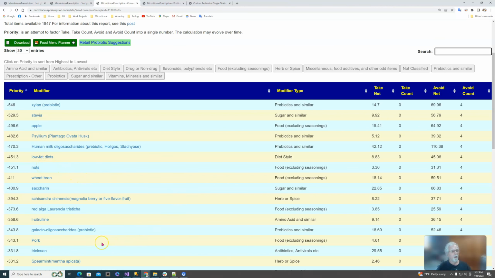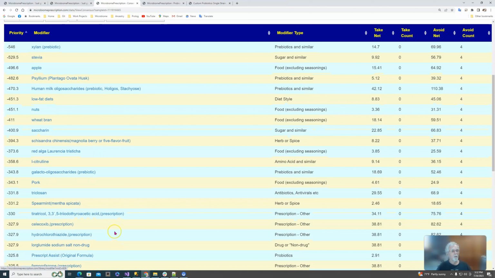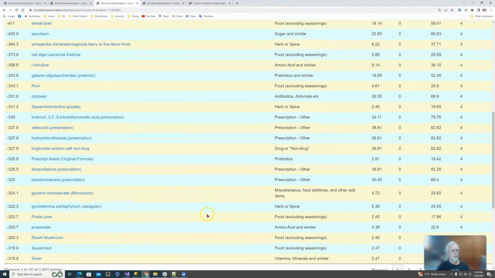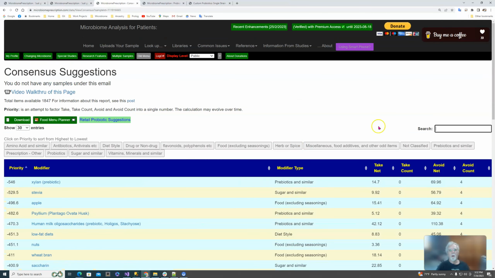Wheat bran, saccharin. Looks like this person should be having lots of real sugar or sucrose. Pork, spearmint. So there's a list here, and these are things which are good to check to see if you currently include them by default, and if you do, you may want to reduce them.